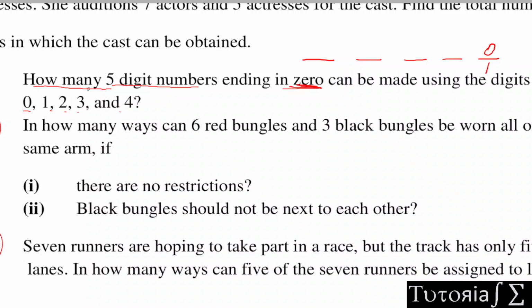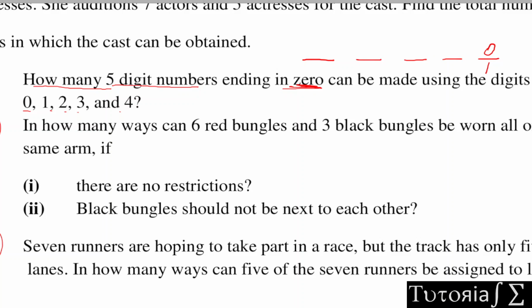Then for this question, we're also considering the fact that we've been allowed to repeat, because if they didn't allow us to repeat the numbers, we would have used another approach. But for this one, we've been allowed to repeat the numbers.